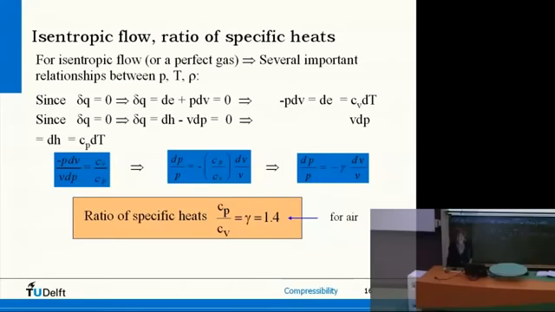And what do I have on this side? I have VdP is equal to dH. And dH I just derived is equal to Cp times dT. So again, a relation between specific volume, 1 over density, pressures, and temperature.